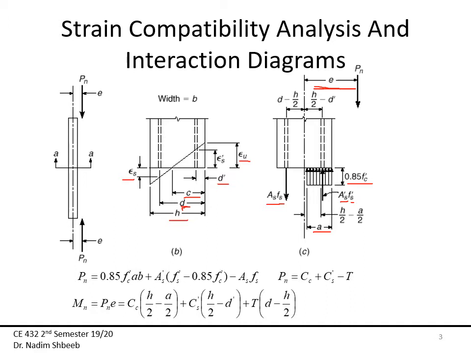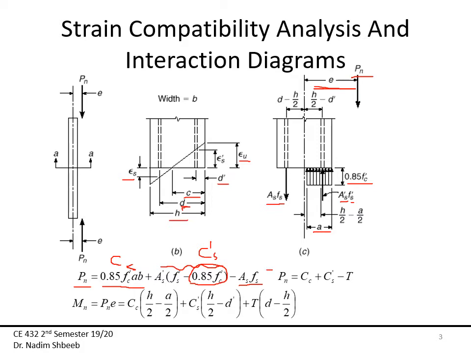Okay, so now for that we can assume that the nominal force Pn is going to be equal to the compressive strength in concrete, which is 0.85 f prime c a b, plus A prime s times (f prime s minus 0.85 f prime c), again because I'm taking out the effect of the concrete stress inside the steel stress, and I'm going to call that C prime s, with the tension force now being negative to the compressive force, and that's going to be area of steel times fs.